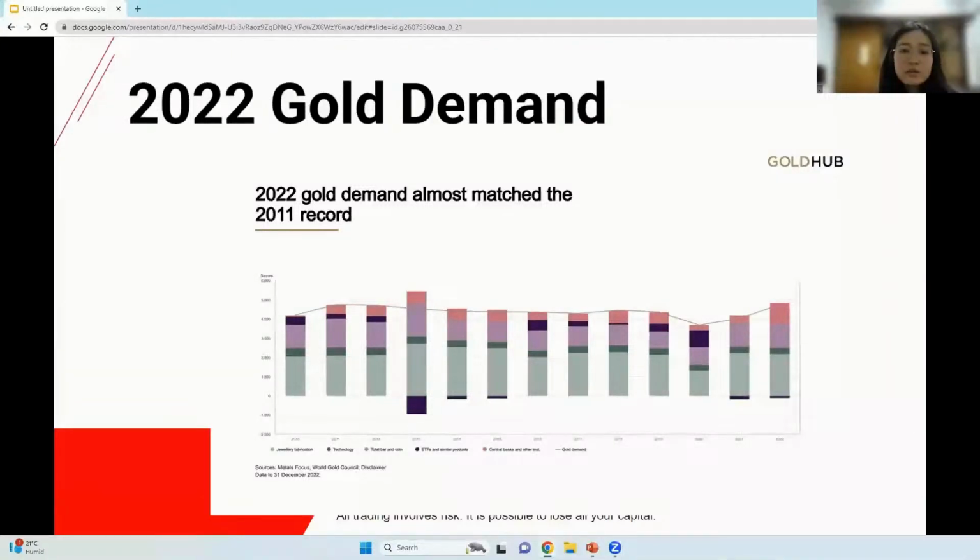Colossal central bank purchases aided by vigorous retail investor buying, as well as slower ETF outflows, lifted annual demand to an 11-year high in 2022. It also saw total annual gold supply increase by 2% last year.